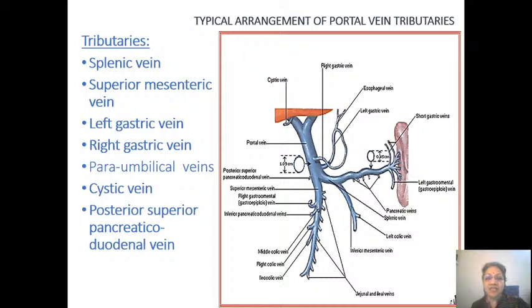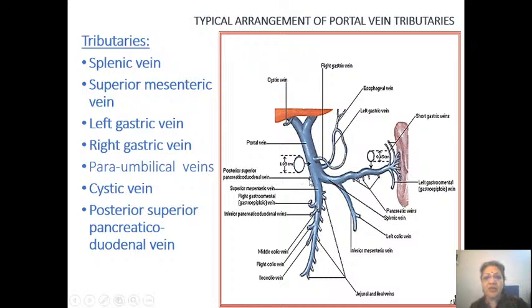So let's see how that happens, where it happens, and what we can do about it. This you must have seen yesterday, the typical arrangement of the portal vein tributaries. We know it's about an 8 centimeter long vein formed by the superior mesenteric joining the splenic vein. This is all happening behind the pancreas, and it also takes the remaining tributaries: the left and right gastric veins, the paraumbilical veins, which are not shown in this diagram, and a cystic vein, which is a tributary to the right branch of the portal vein. This actually should be the superior pancreaticoduodenal vein.